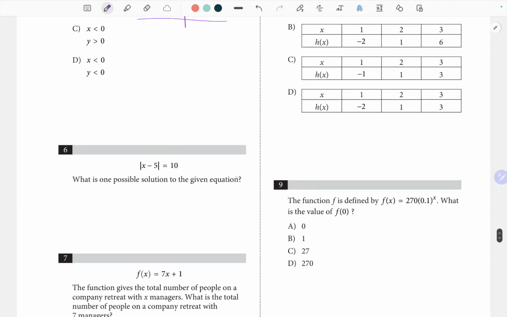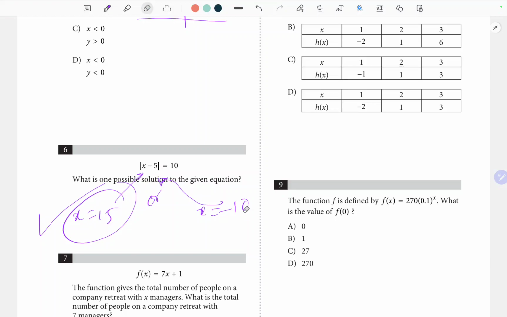What is one possible solution for this? Absolute value of x minus 5 is 10. So if I put x as 15, 15 minus 5 is also 10. So this is possible. This is mod, right? So if we put x as minus 10, then minus 10 minus 5 is minus 15 mod, which... what am I doing?